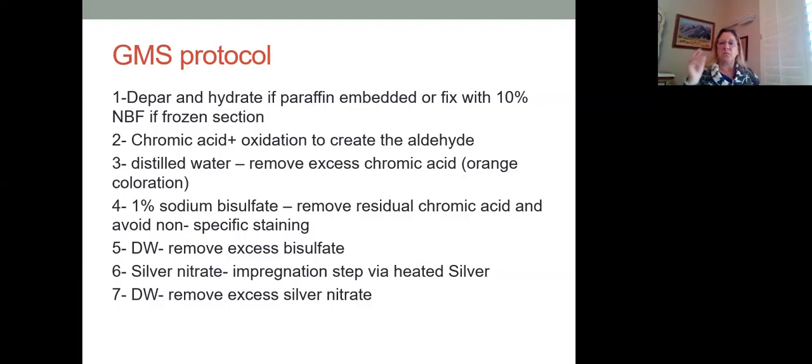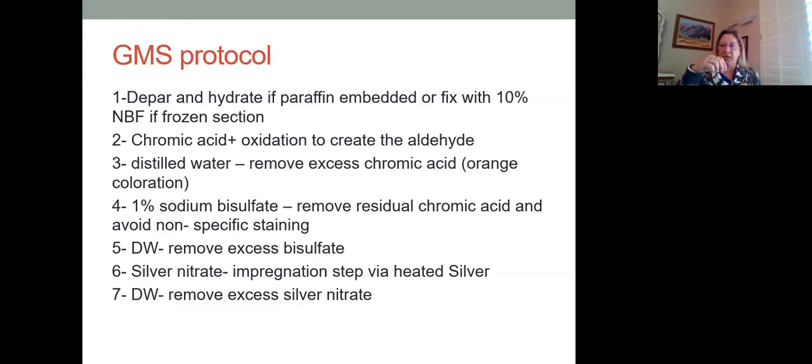So this is what's referred to as impregnation. And the impregnation is done by heating up the silver. So you will do this in the microwave. You get a glass boat, and you have your silver in a Copeland jar.